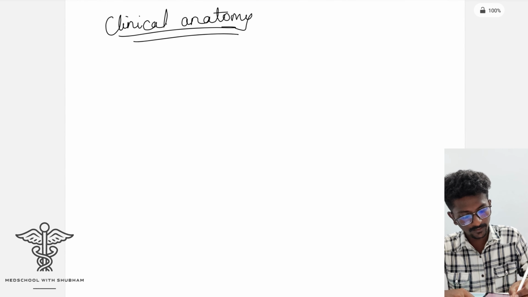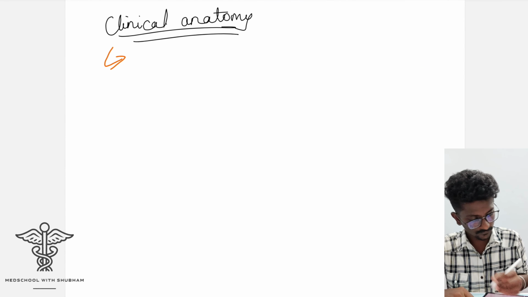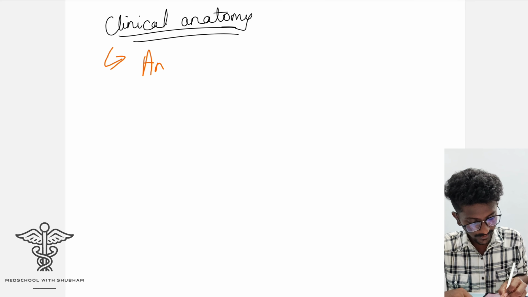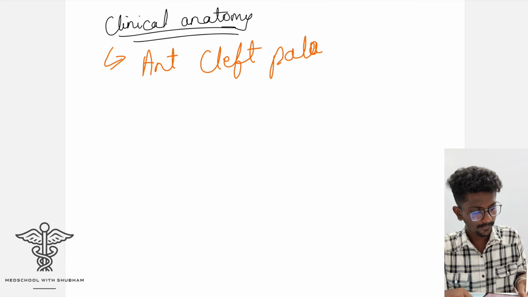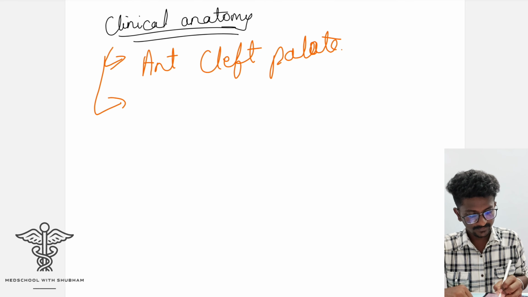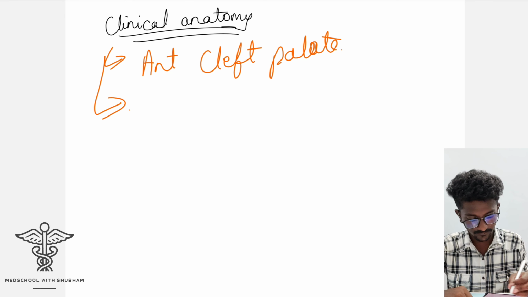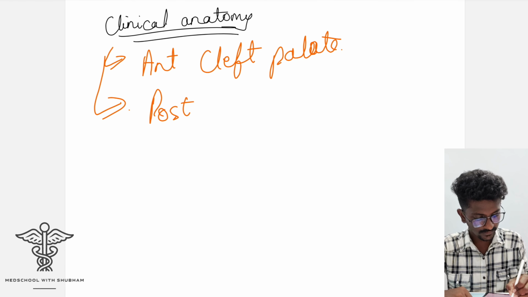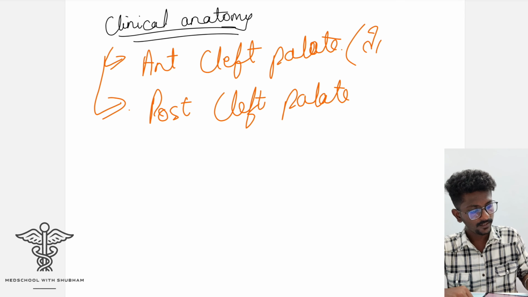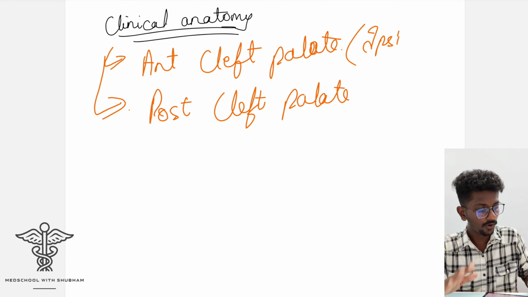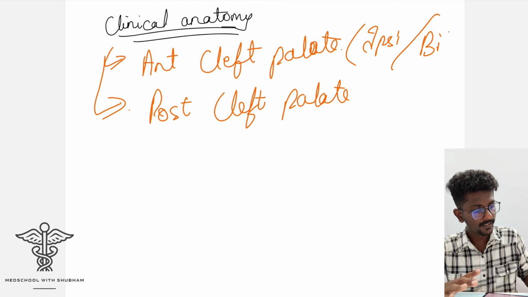I hope this is very clear. So the first one was the anterior cleft palate. The second was the posterior cleft palate. The anterior cleft palate can be ipsilateral or unilateral or the bilateral.